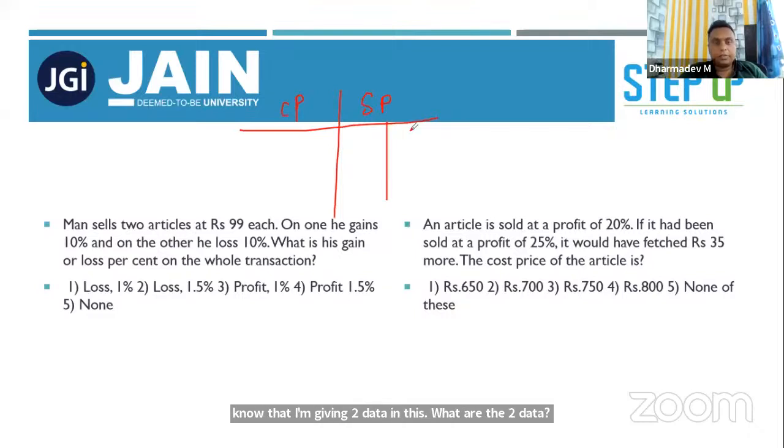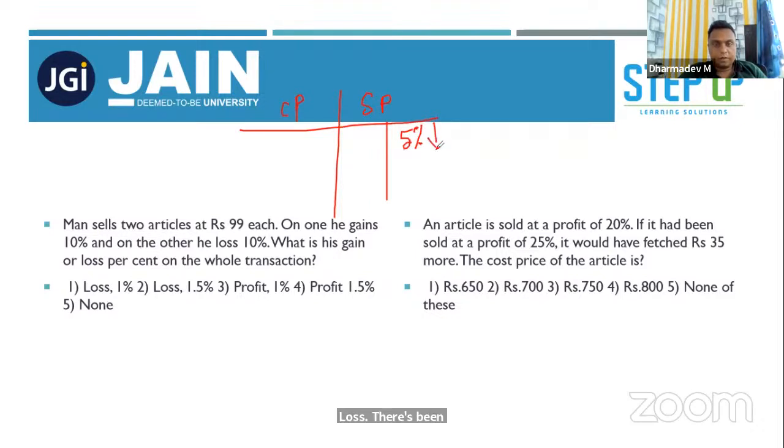5 percentage loss, it has been sold with 5 percentage loss, and the price is 190. Okay, what is the cost price?